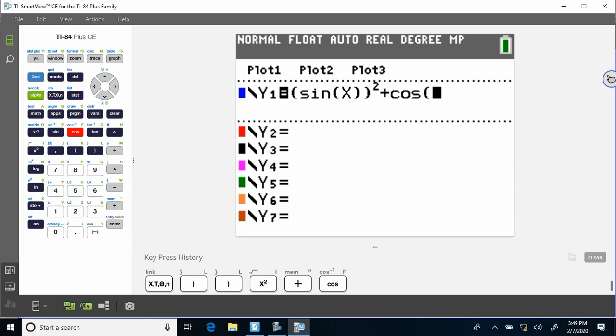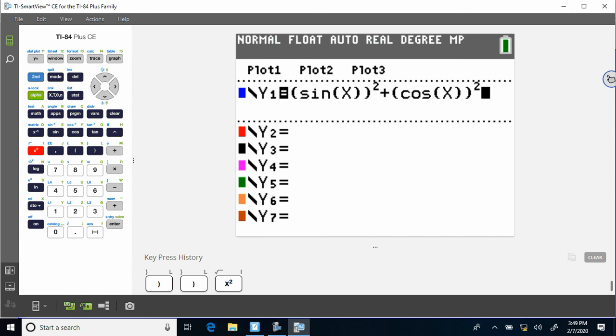I need to go back and put a parenthesis in front of that.